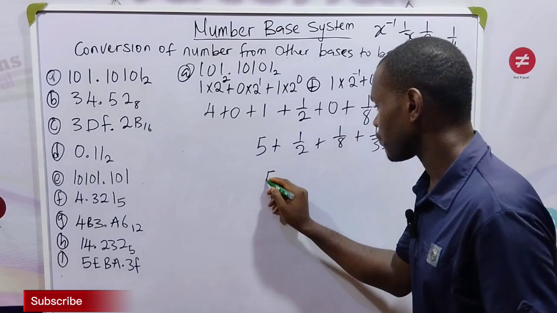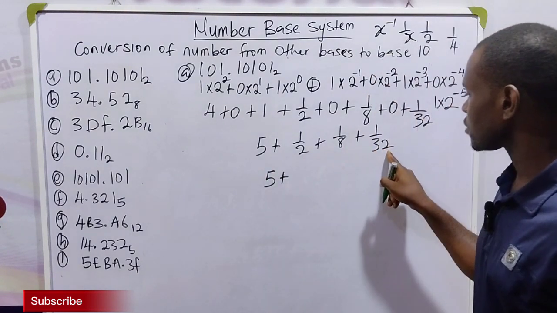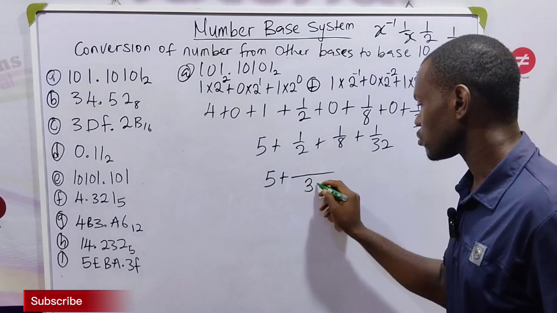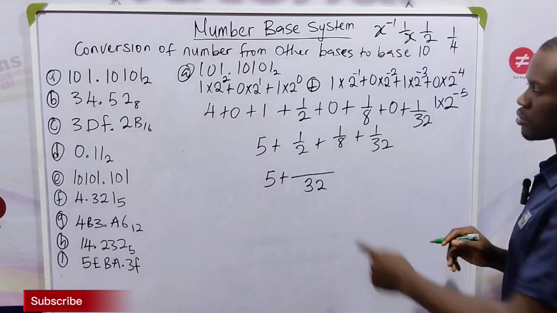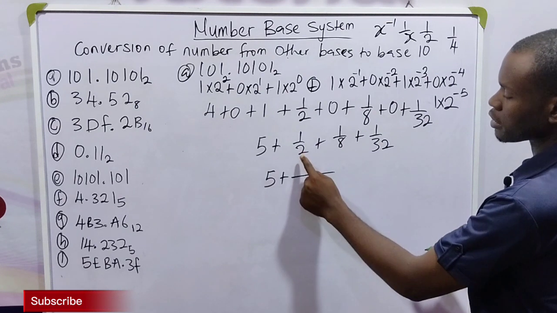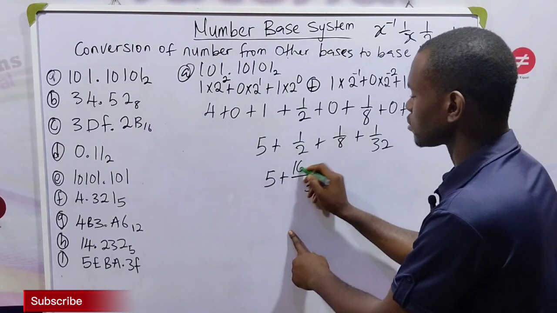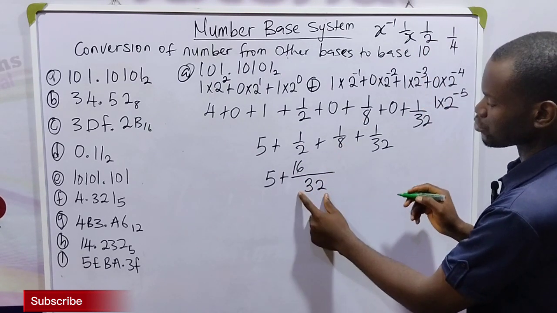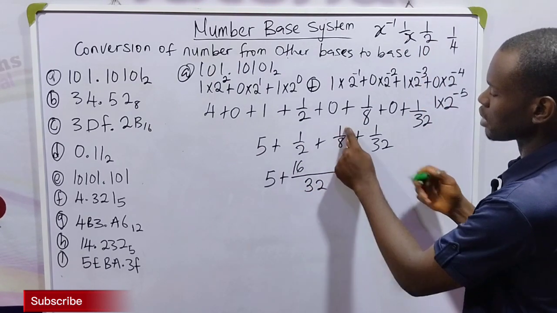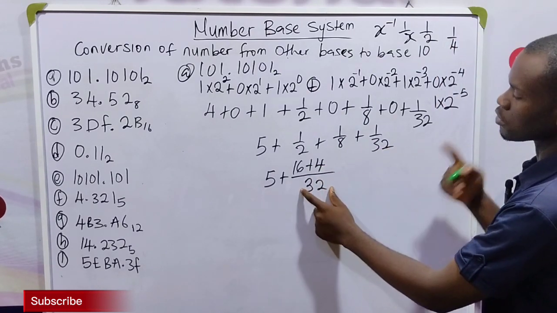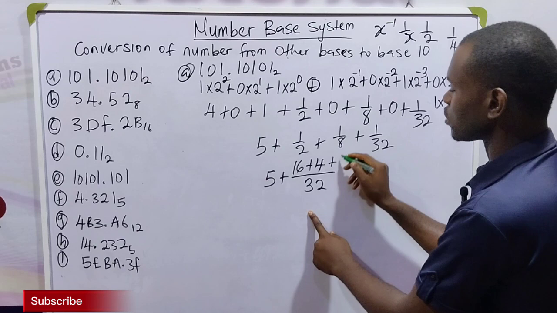So we have 5 plus LCM of 32, 8 and 2 is 32. So I'm going to take 32 as common denominator. 32 divided by 2 will give me 16. 16 times 1, 16. 32 divided by 8, I have 4. 4 times 1, that is 4. Then 32 divided by 32 is 1. 1 times 1, we have 1.